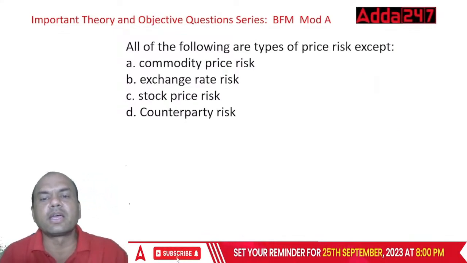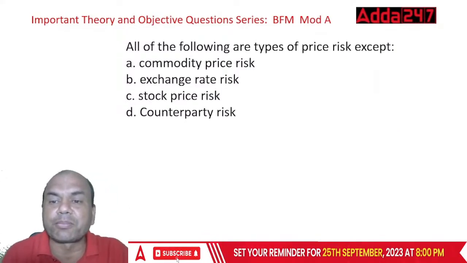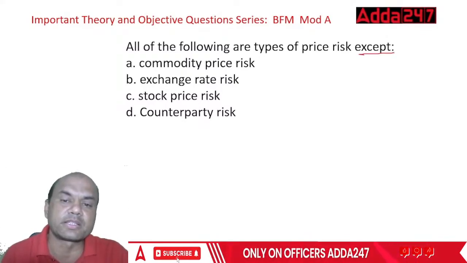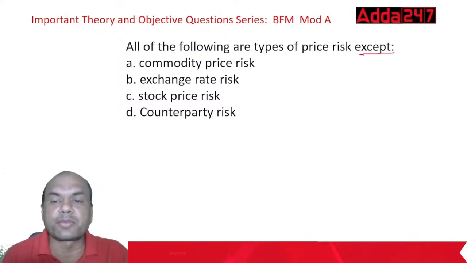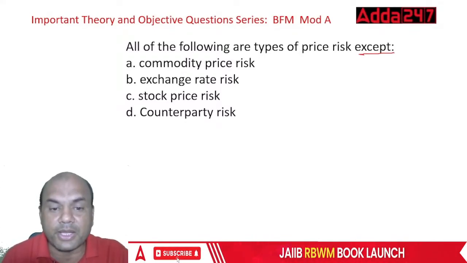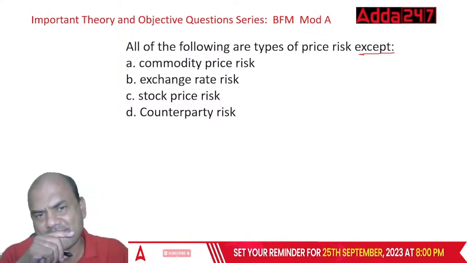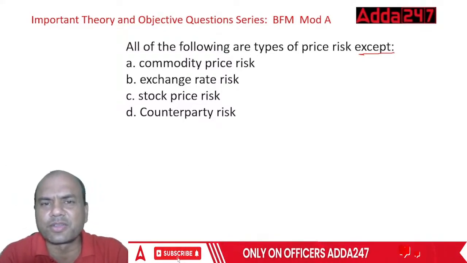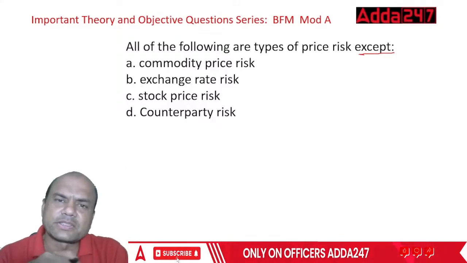All of the following are types of price risk except, now again except means not the type of price risk. Commodity price, exchange rate, stock price, counterparty risk. Just now I gave you. What is the answer? Type fast.